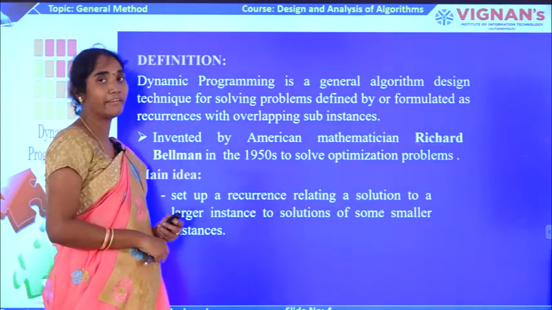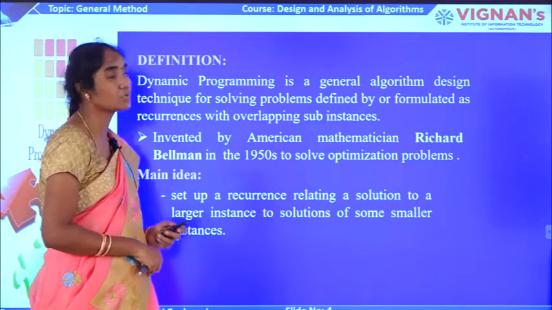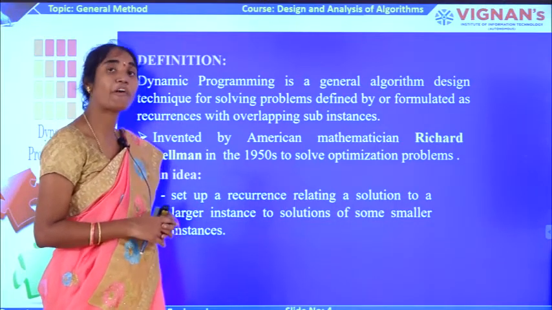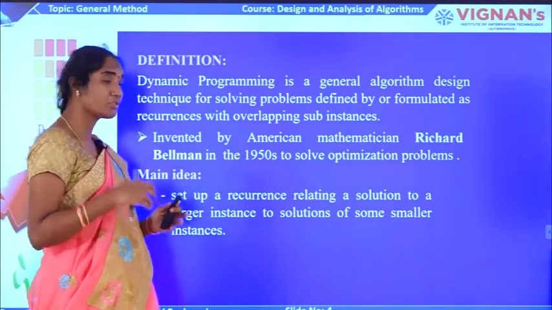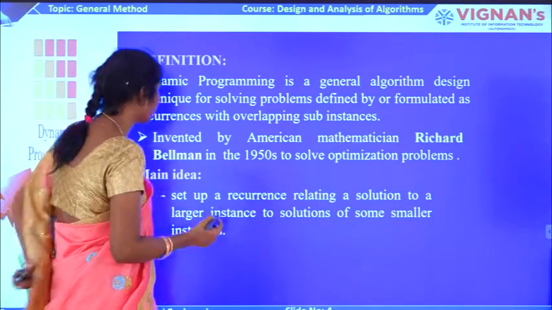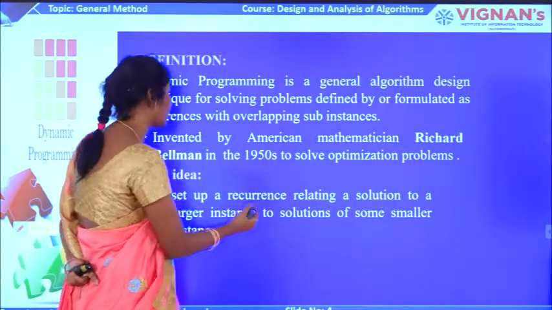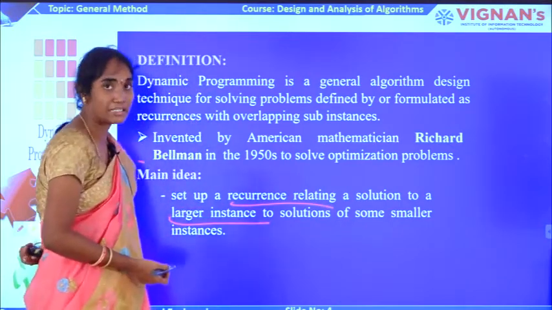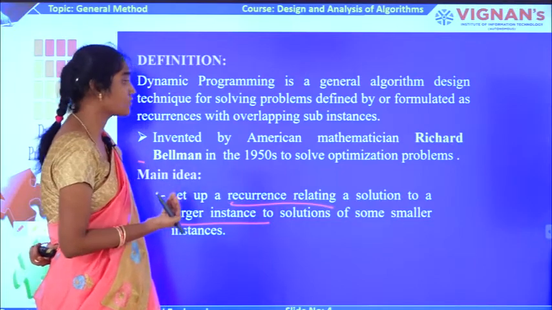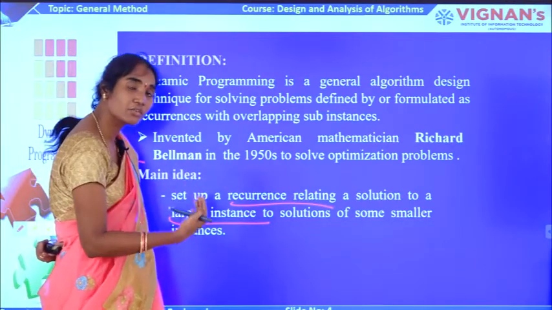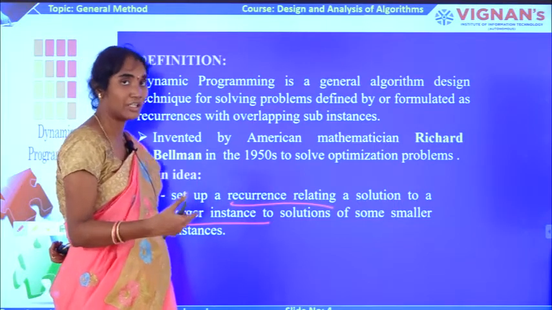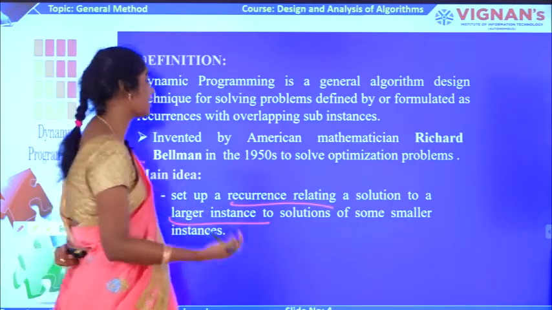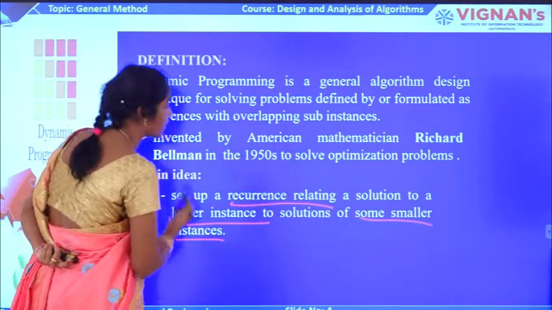The basic idea behind dynamic programming is to set up a recurrence relation. Basing on the recurrence relation, we are going to find the solution to the larger instances. This larger instance solution I am depicting with the help of a recurrence relation, and the recurrence relation itself uses some smaller instances.